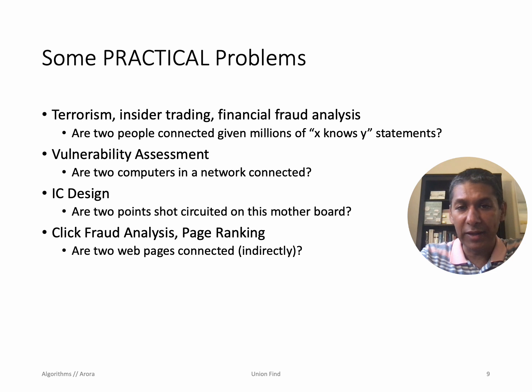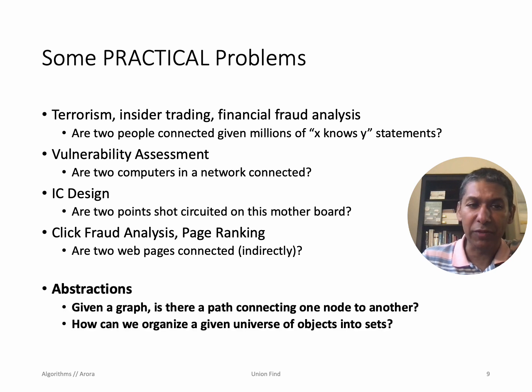Union find comes up very often as a good data structure and solves many different practical problems, all the way from insider trading and financial fraud analysis to counterterrorism operations. And how does it actually do it? Given two points on the board here, you can see whether these points are connected, in chip design programs, click fraud, etc. There are quite a few different examples of this.